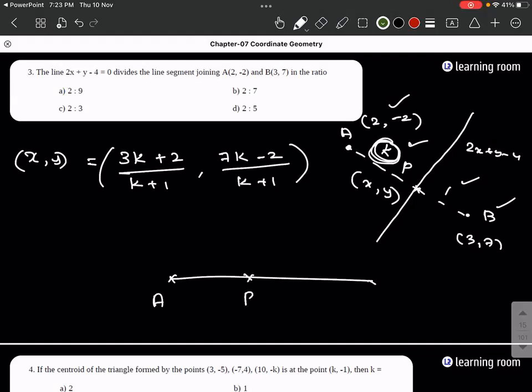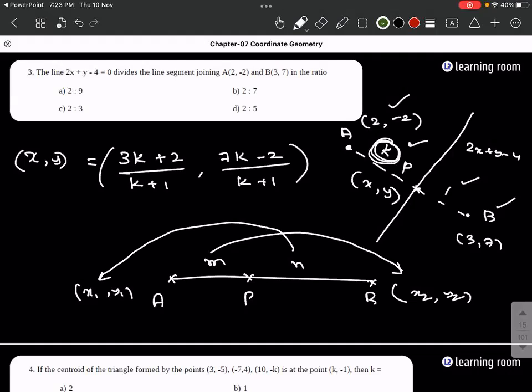With A, P and B, if this is x1, y1 and this is x2, y2, you should always do m into x2 plus n into x1. So I did the same: k into 3, 3k plus 1 into 2, 2, divided by k plus 1. Got it, sir. Thank you.